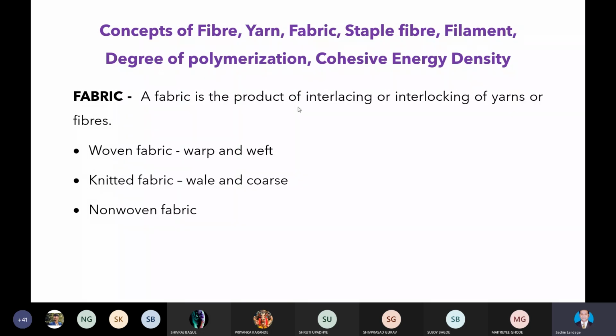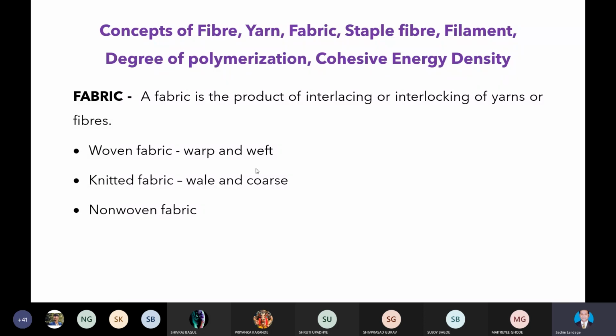A fabric is a product of interlacing or interlocking of yarns, or it is a product of interlacing and interlocking of fibers. When you carry out the interlacing, we get the woven fabric. In woven fabric, we can have the warp and the weft.